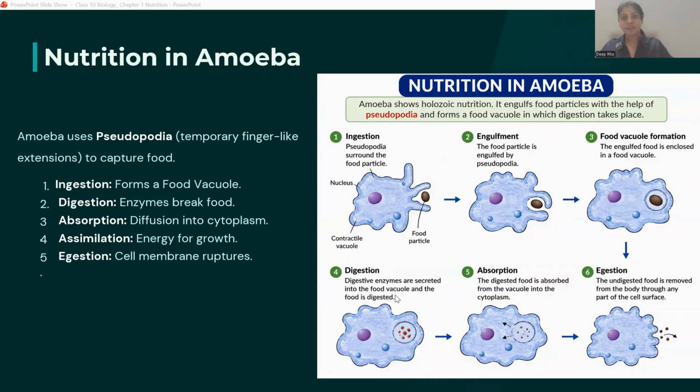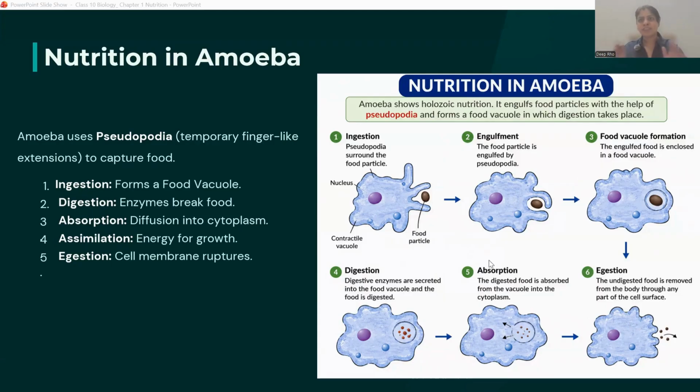Once the food is digested, it is assimilated to give energy for growth. The undigested food is thrown out of the body through the cell surface.